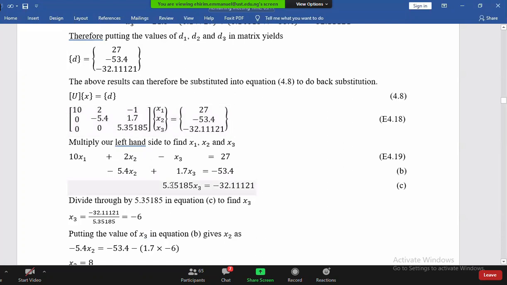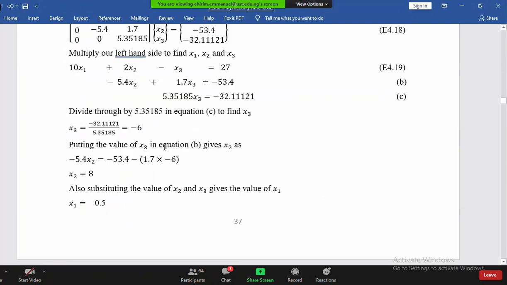Now this is the upper triangular matrix, so from this equation here, x3 is minus 32 divided by 5.35, which is equal to 6. That's what we got in that problem, isn't it?